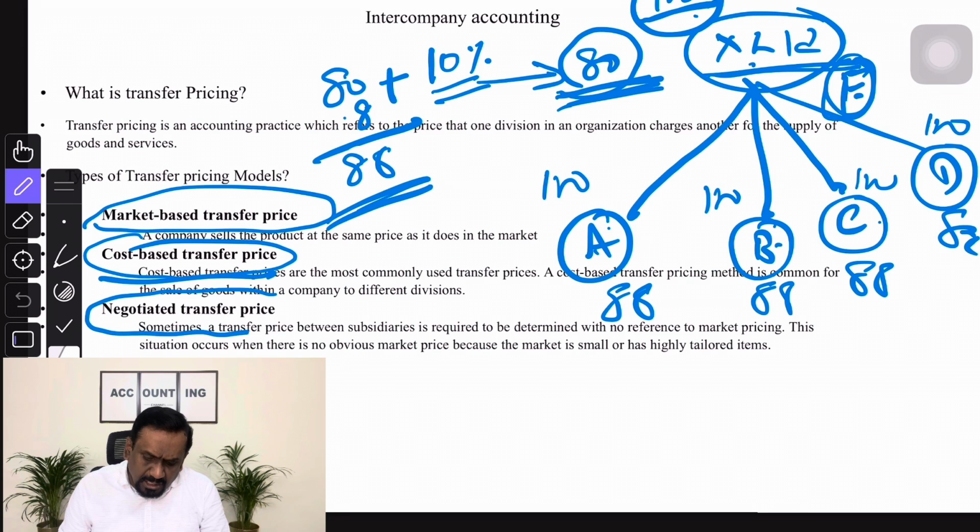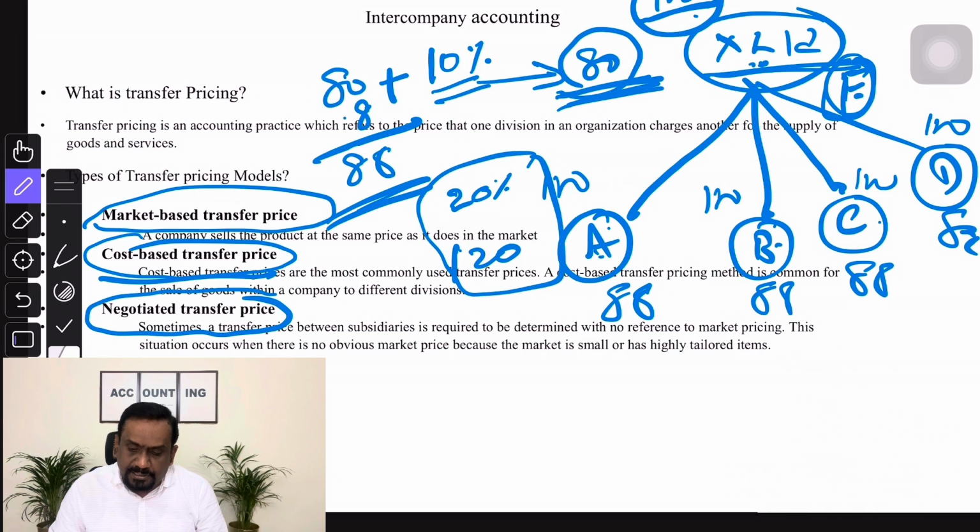The other one is negotiated transfer price. X Limited can negotiate with A, B, C, D and see what is the agreed price for them. For example, in Karnataka, agent A company said, I can sell this product for 120 rupees. If you want to charge 20%, you can charge 20%.